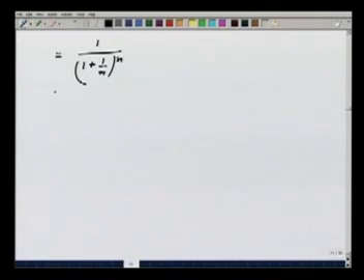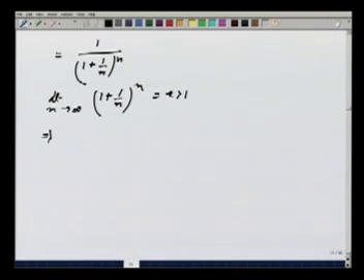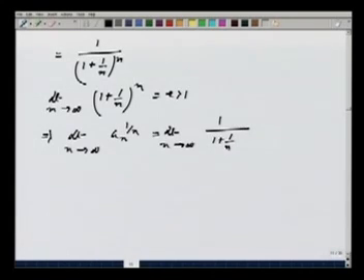And since we know that the limit as n goes to infinity of (1 plus 1 by n) whole to the power n is e, which is strictly bigger than 1, this then implies that the limit as n goes to infinity of an to the power 1 by n is 1 by e, which is strictly less than 1. This implies then the series converges.